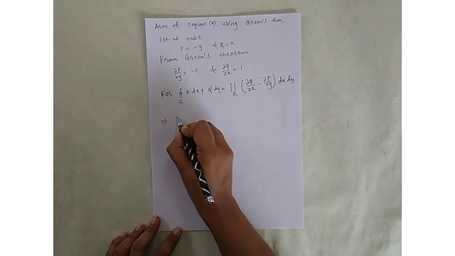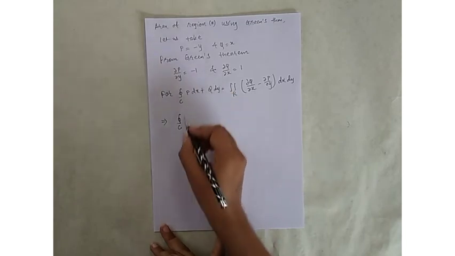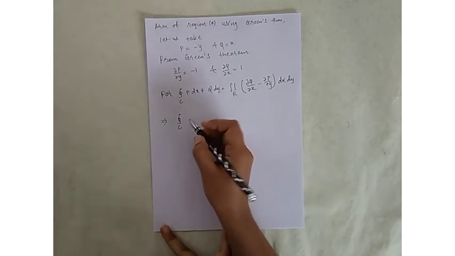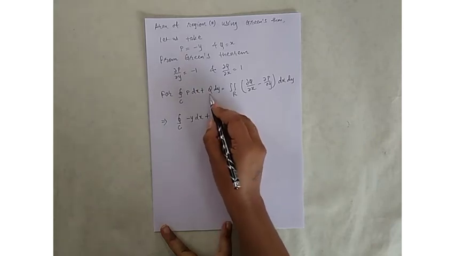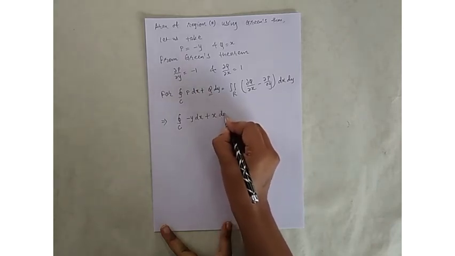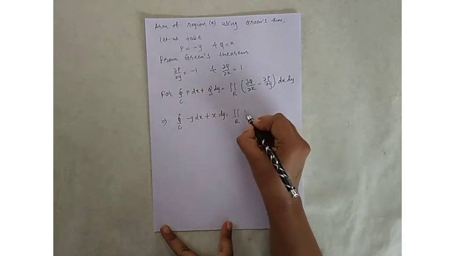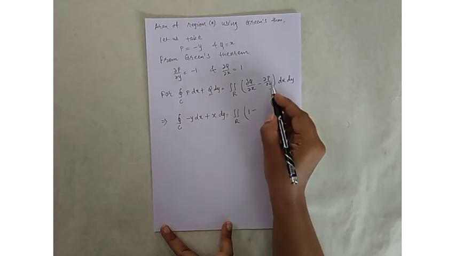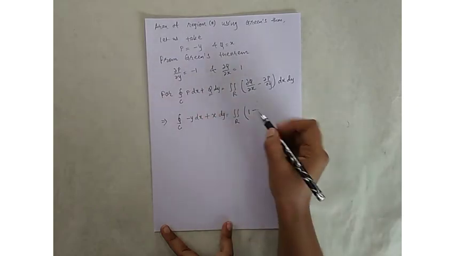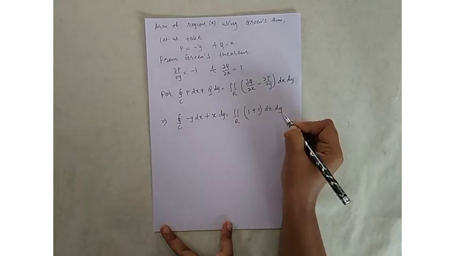So this implies that the integration on closed smooth curve C, putting the value of p, that is minus y dx, and the value of q, that is x dy, is equal to the double integration over the region R. The value of del q by del x is 1, minus del p by del y is minus minus 1, so plus 1, dx dy.